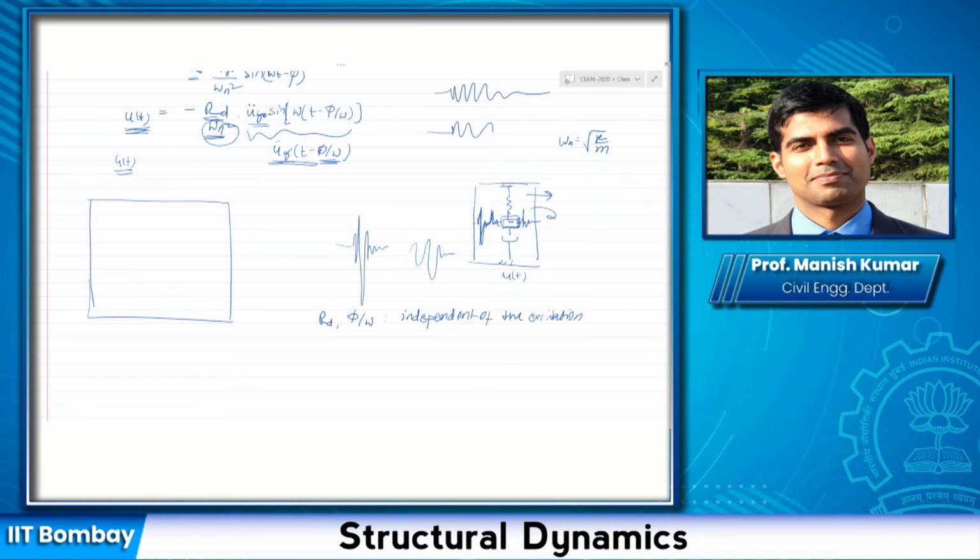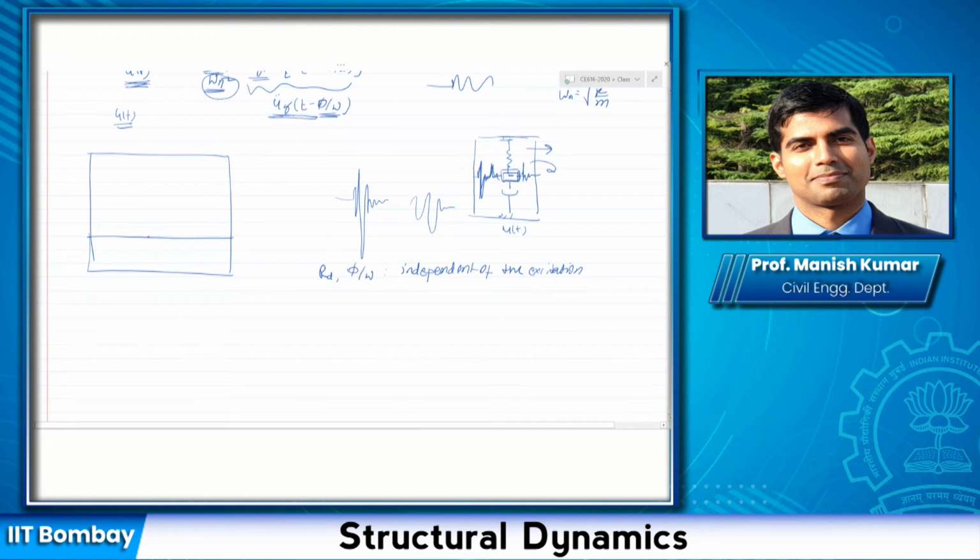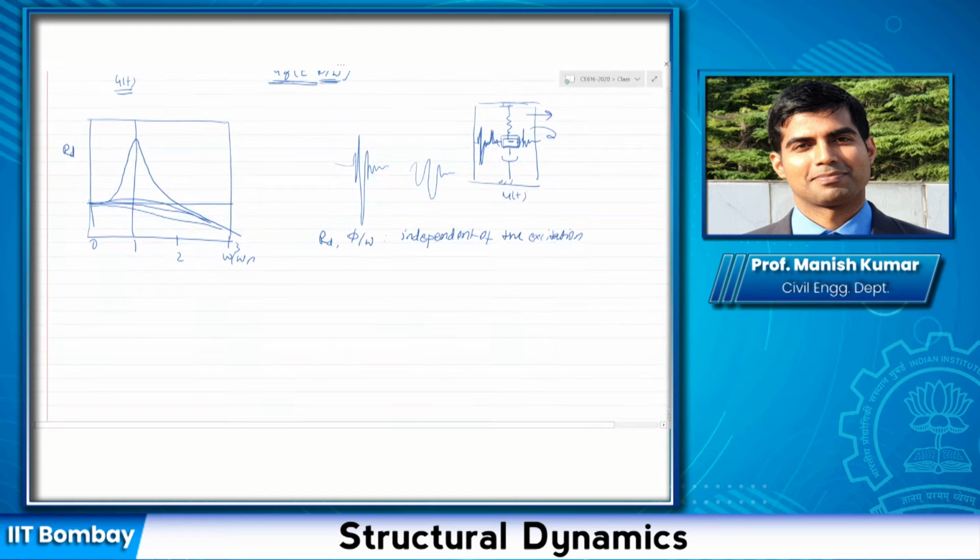To do that, remember the graph that we have for R_d. It looks something like this for a small value of damping, but for a large value of damping it used to look like this. Let us say this is R_d and this is omega by omega_n, with marks at 0, 1, 2, 3. What do we see in this case? For a large value of damping, especially in this zone here, my R_d is approximately equal to 1.